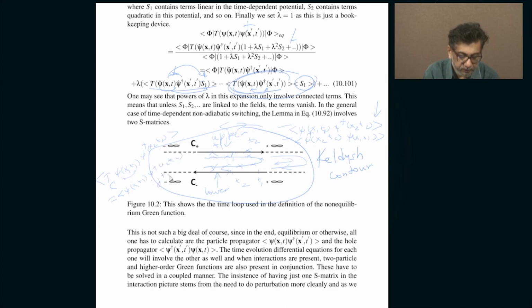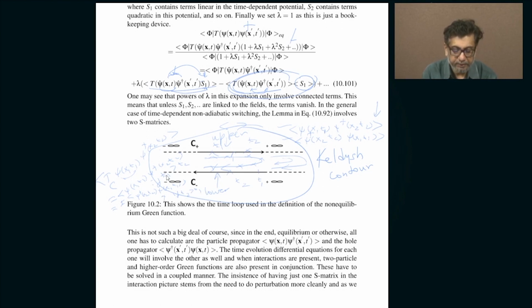And it is plus or minus the other way, psi dagger x2 T2 psi x1 T1, if T2 is greater than T1, plus or minus depending upon whether it is boson or fermion. So, this is the particle Green's function, this is the hole Green's function. So, this is on the contour.